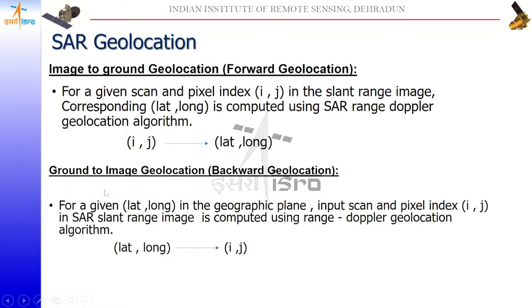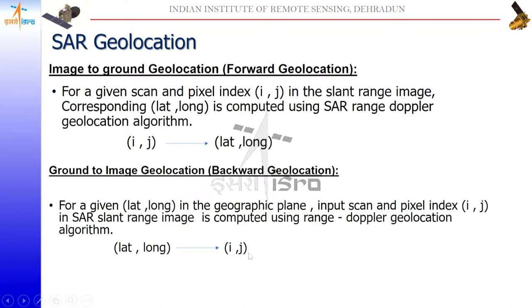The second is ground to image geolocation, which is called backward geolocation. On the ground we have the lat long information, and from there we have to find what the ij is in the image. So we have the reverse mapping: for a particular lat long, what is the ij in the SAR image.